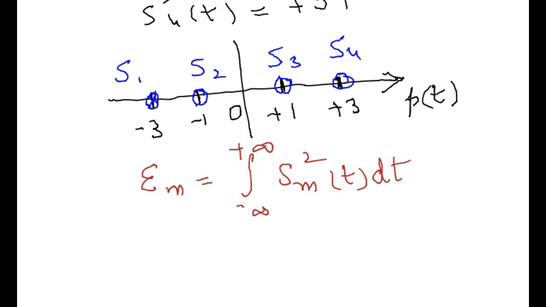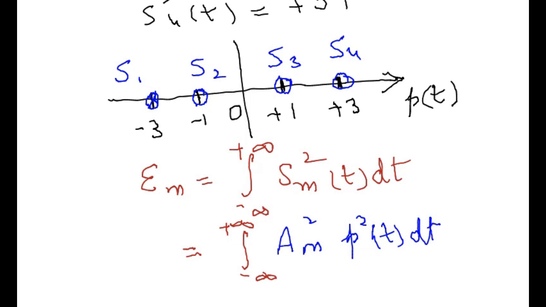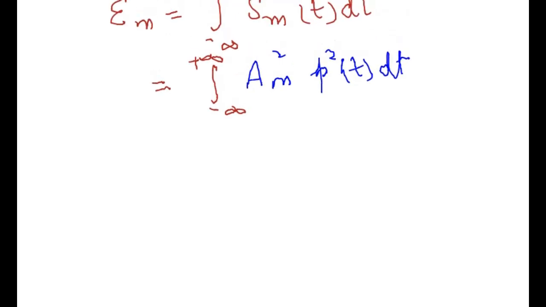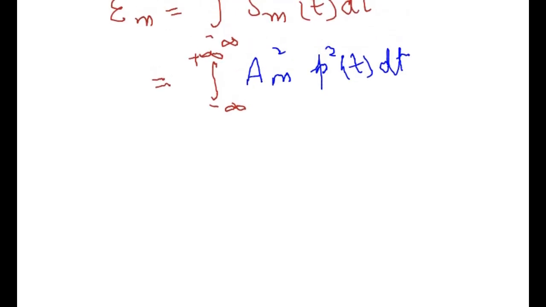So just substitute that value. We have the integral from minus infinity to plus infinity of Am square p square of t dt, right? So we have to integrate this for the energy of the signal.